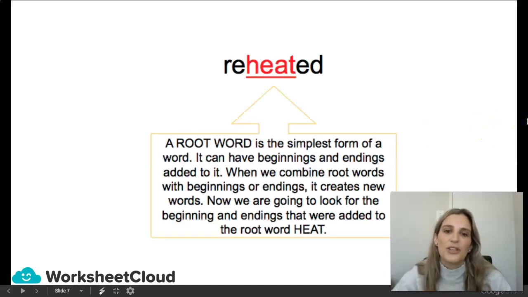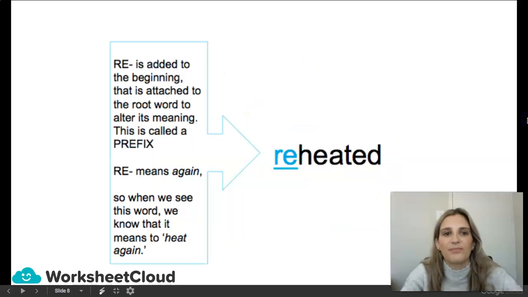A root word is the simplest form of a word. It can have beginnings and endings. When we combine root words with beginnings and endings, it creates new words. Now we are going to look for the beginning and endings that were added to the word heat. So this is our prefix, re.